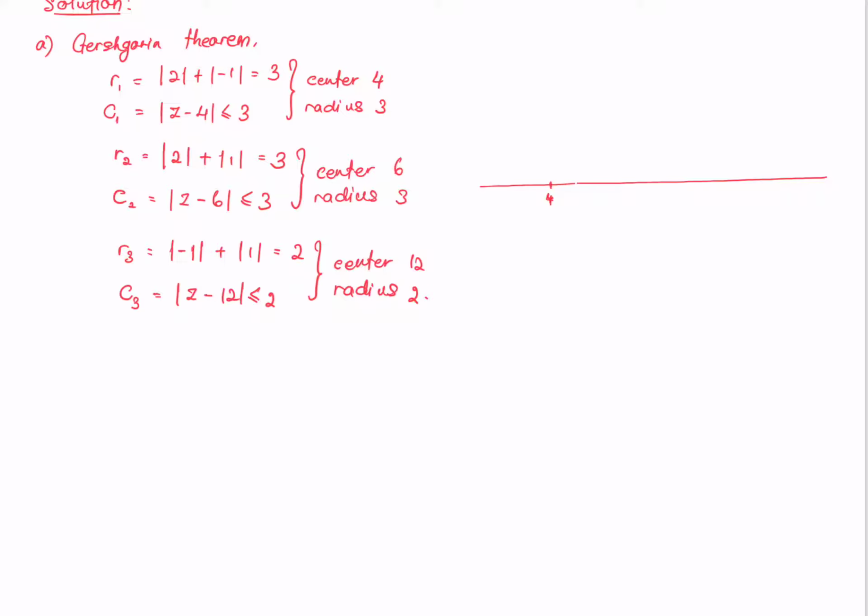So let's say here is 0, and here is 7, so that we have a circle with radius 3, centered at 4. Then for the second circle, we have the center at 6. Let's say here is our 6.